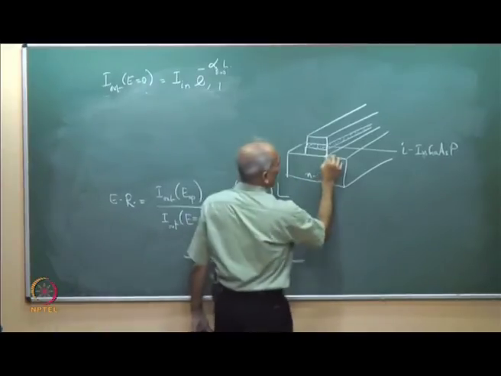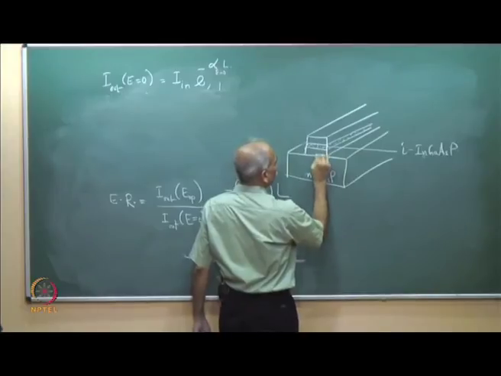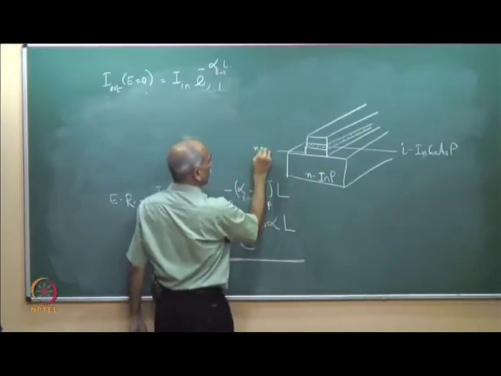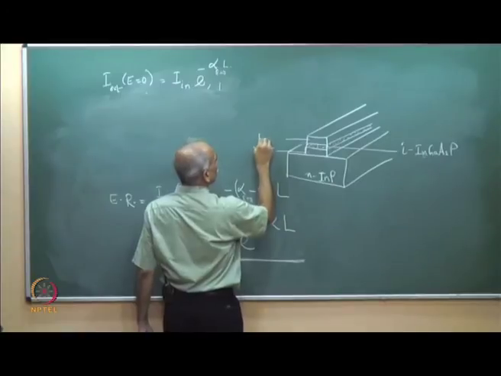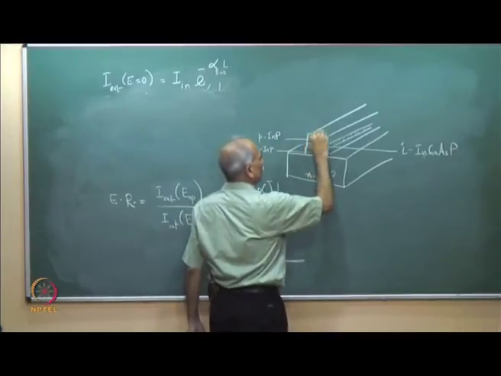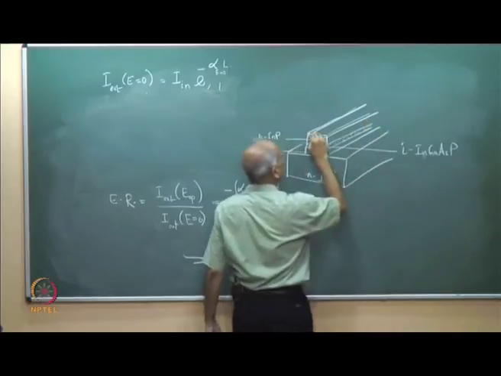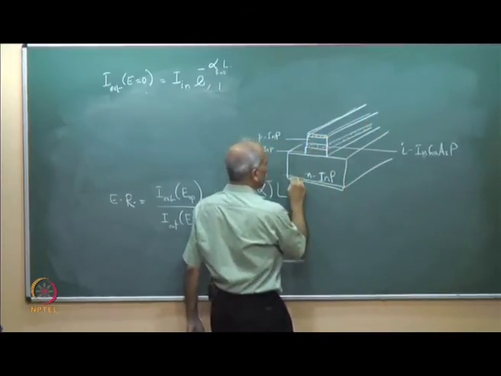So, this is N type, N indium phosphide. It could be some other material also, and this is P indium phosphide, and on top is the metal. This is the contact, and at the bottom there is a contact.